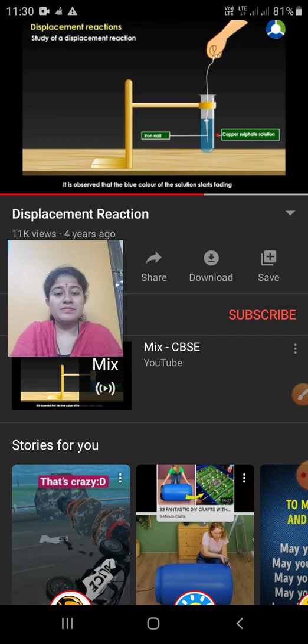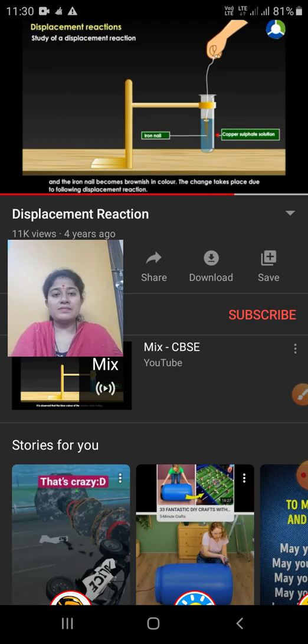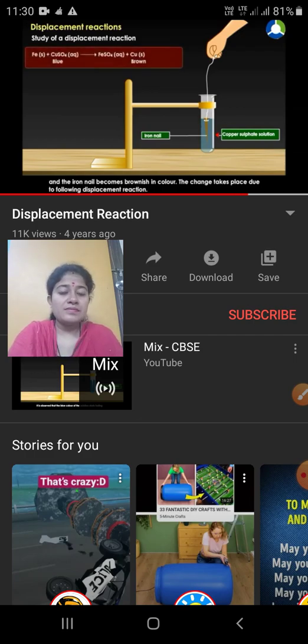It is observed that the blue color of the solution starts fading and the iron nail becomes brownish in color. The change takes place due to the following displacement reaction. Fe, iron, reacts with copper sulfate, CuSO4, giving ferrous sulfate, FeSO4, and copper, Cu.